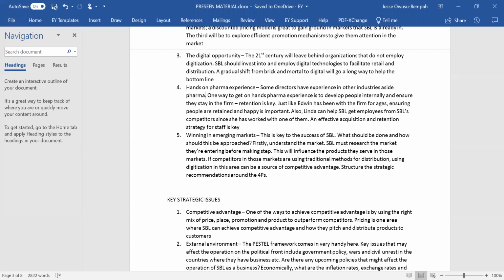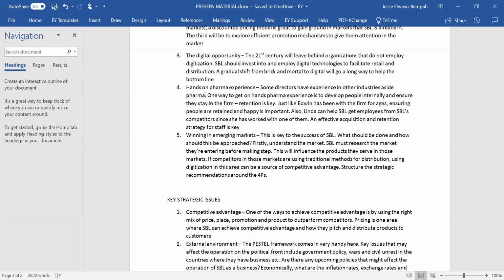Another way, and this is a long-term approach, is to retain your people.